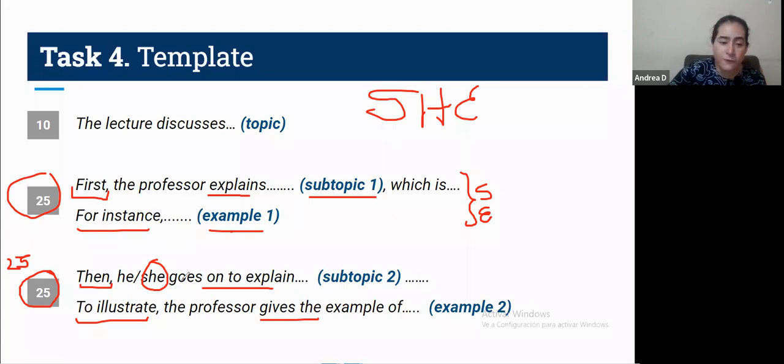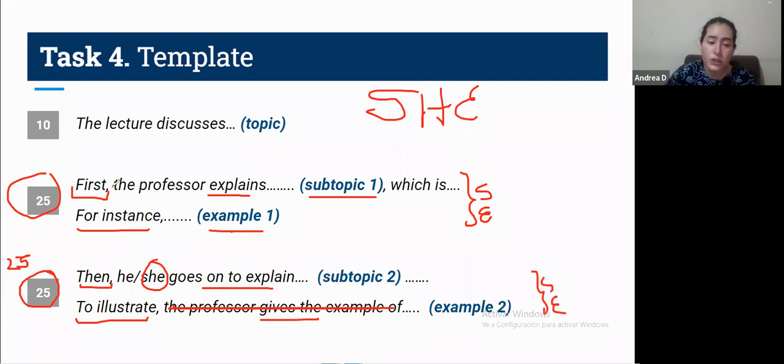Since it was the same example, then maybe you can skip this and say, to illustrate, coming back to the previous example, the professor explains that manufacturers now add electric windows, stereos, and so forth to their cars, right? And those are the features. So that's it. Again, subtopic and example.